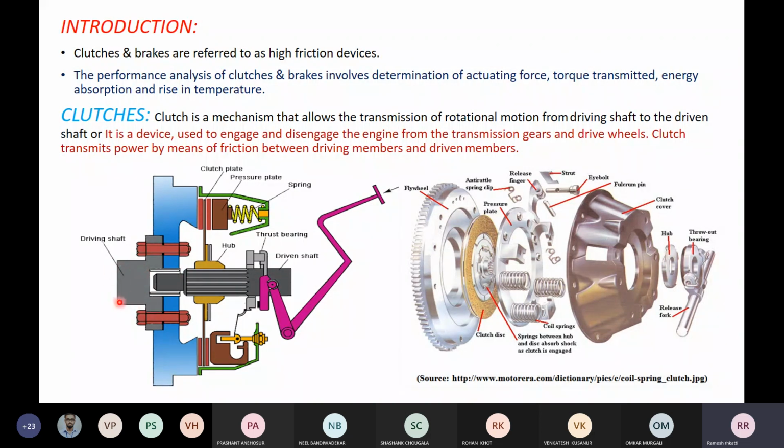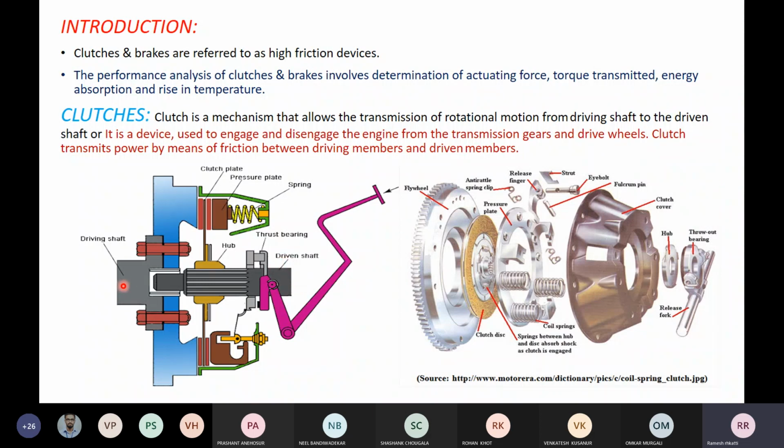This is the driving shaft and this is the driven shaft.